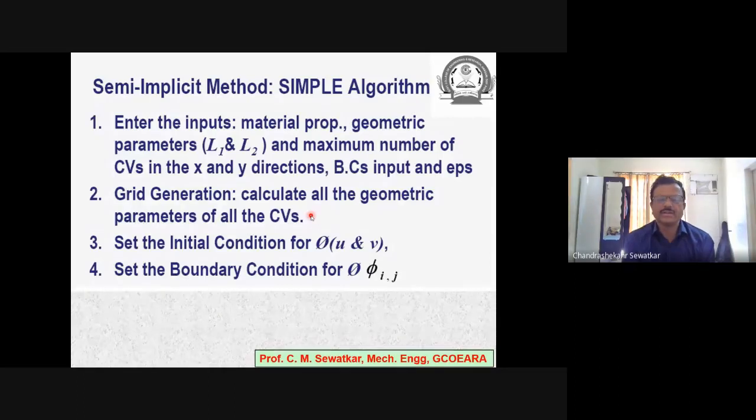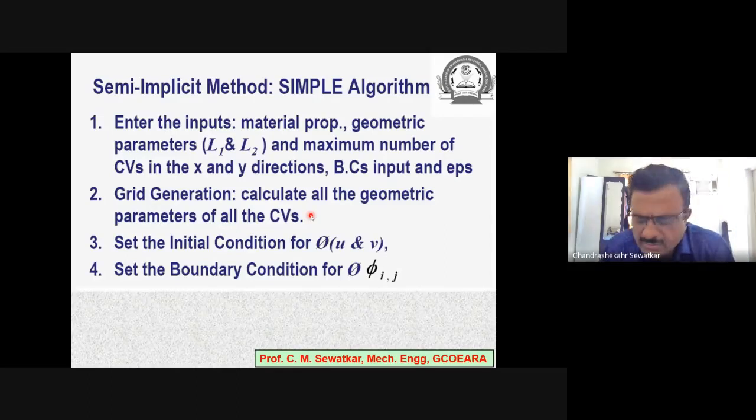Maybe you can set the initial condition for phi, that is U for the X momentum equation and V for the Y momentum equation. Next, you need to set the boundary conditions for phi. So you need to give the boundary condition for U velocity and V velocity.